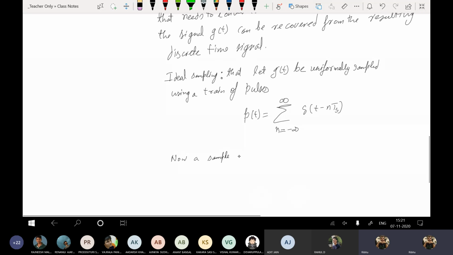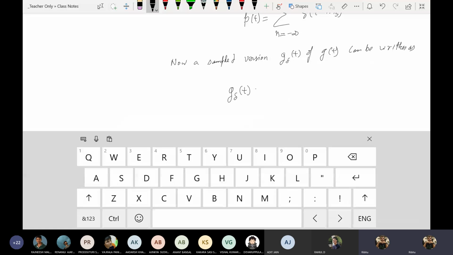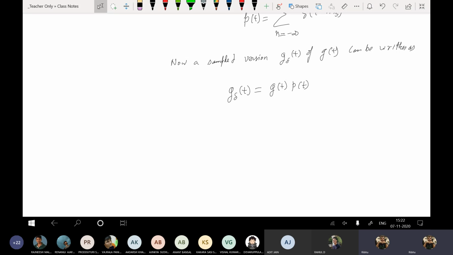Now the sampled version g delta(t) of g(t) can be written as g delta(t) equals g(t) p(t). This is okay.